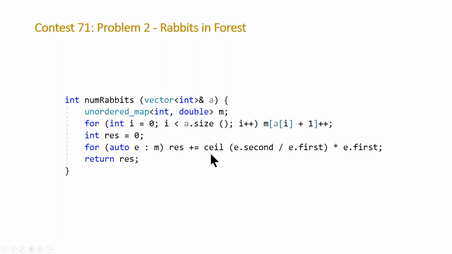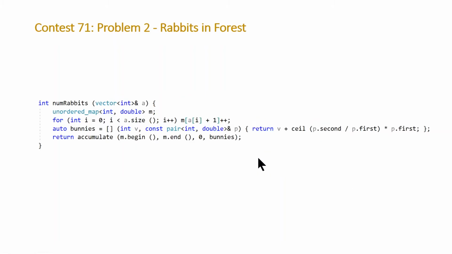Then we do our calculation here. Result plus equals the ceiling function, and then we have our division of the number of rabbits claiming to be in group size, which is the first, and then applying the multiplication of the number of rabbits in that group back to this number. And here is a more STL version of this, so we can reduce the solution from 5 lines to 4 lines by using a lambda and the accumulate function.